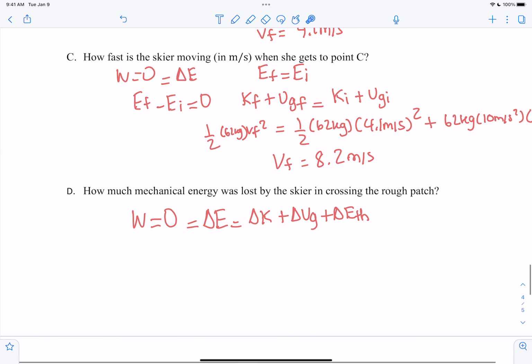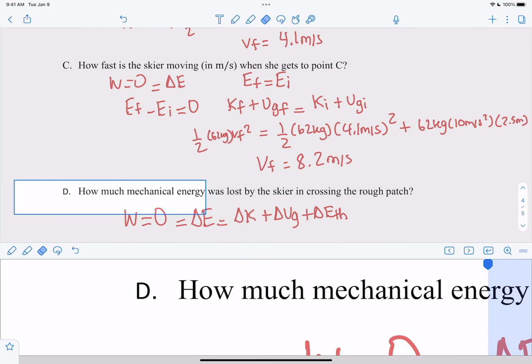And so if they're looking at energies lost, right? If they're looking at loss of energy, they're usually talking about a change in thermal energy that would cause a loss overall. Or at least it would detract from what's going on here.